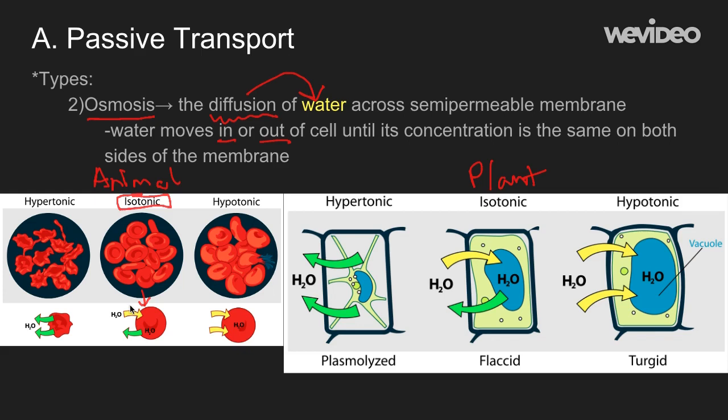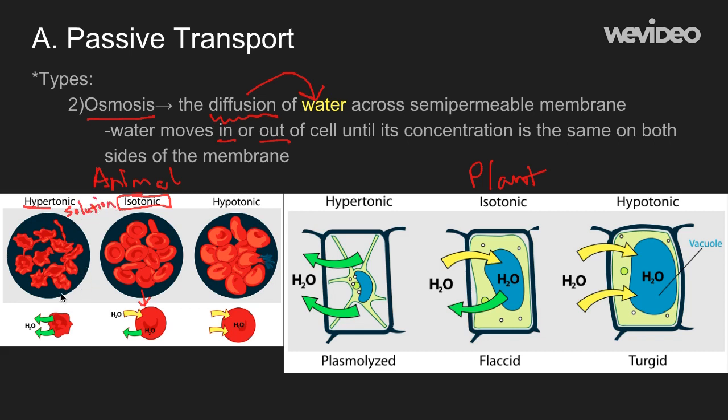In the first example over here, hypertonic. I remember hyper because what makes you hyper? Lots of sugar. So think lots of sugar, lots of solute. In the environment out here, this would be a hypertonic solution.